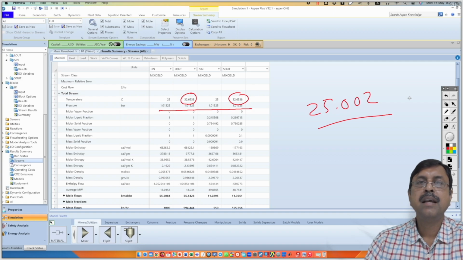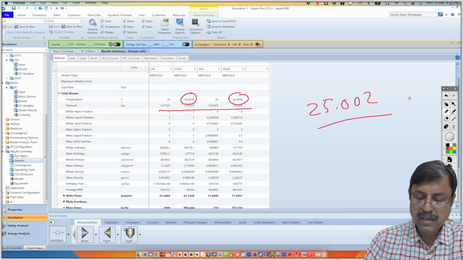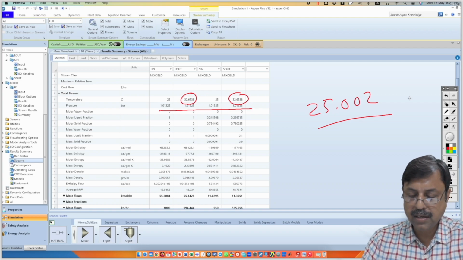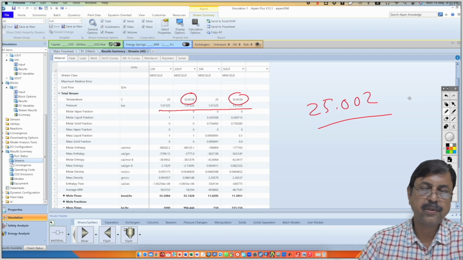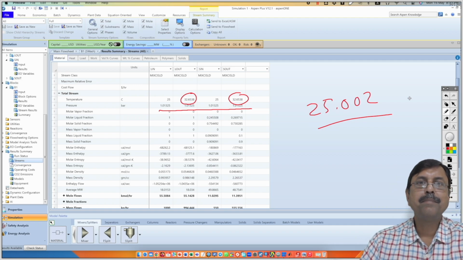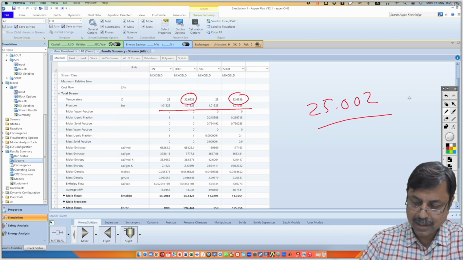Hardly there was any increase in temperature. But in this case, we are getting a higher temperature. So it from 25 degrees centigrade to 32.65 degrees centigrade. So this increase in temperature is due to the 10 kilowatt heat duty that we are giving. Okay, so that is the reason we are getting higher temperature.